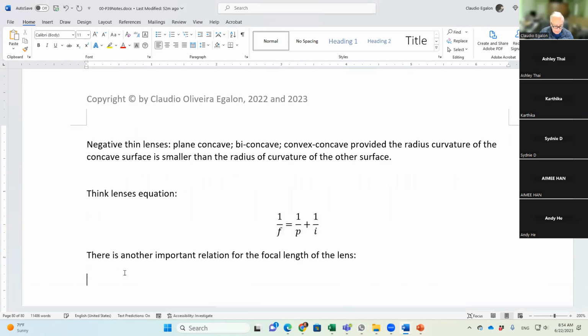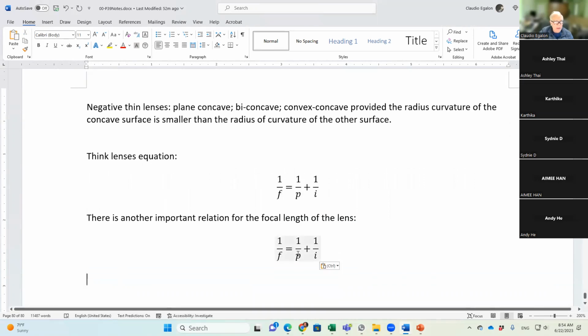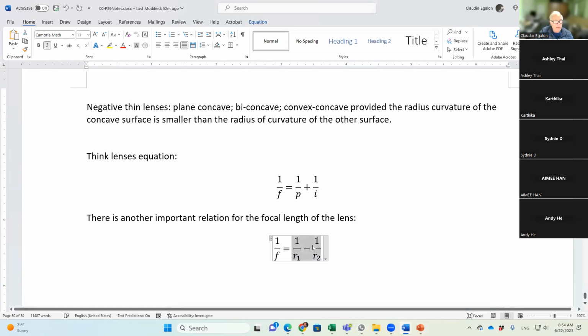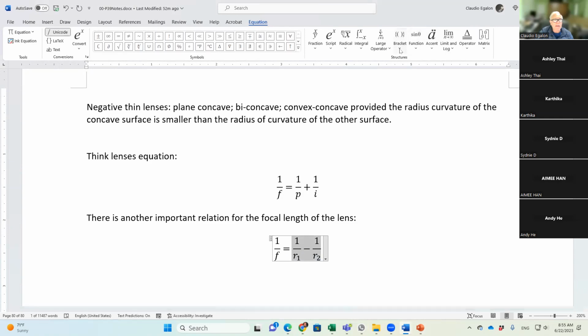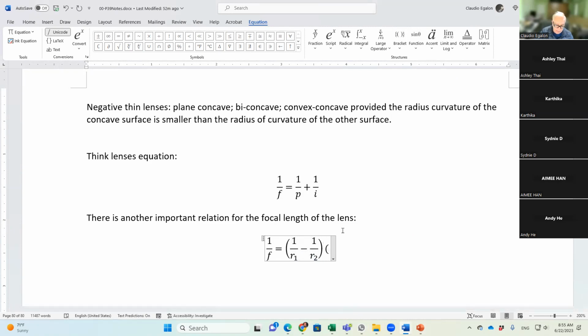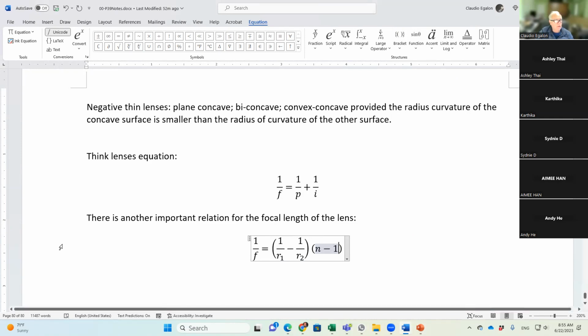The inverse of the focal distance is going to be a function of the radius of curvature of the two surfaces times the index of refraction. I'm not going to prove that. Okay. n-1. The focal distance goes with the refractive index.